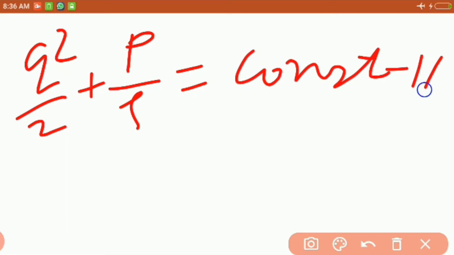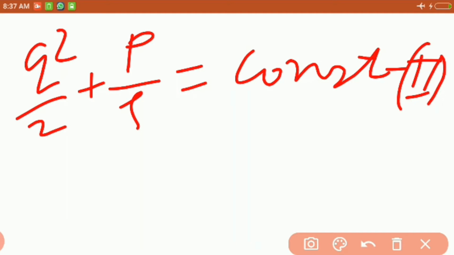This is equation second. If we put P is equal to P1, Q is equal to Q1 at point A, and at point B, P is equal to P2 and Q is equal to Q2, then what do we get? We get this relation.